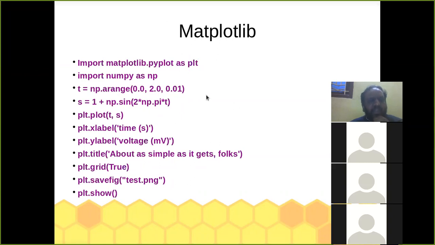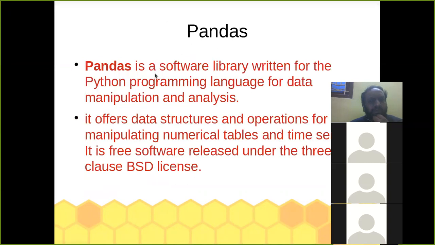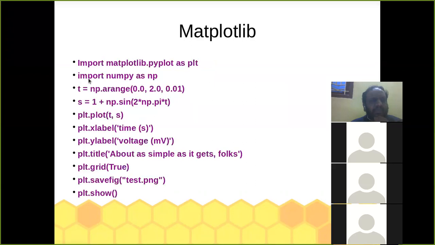Next, since it is a mathematical operation, we give import numpy as np. Then we create a sine wave with the range 0.0, 2.0, and 0.01, and we put this as t, time, and on the y-axis we put voltage.